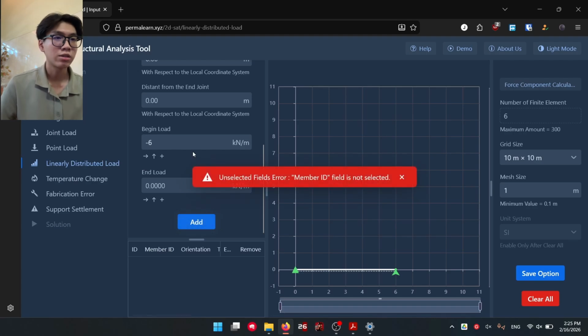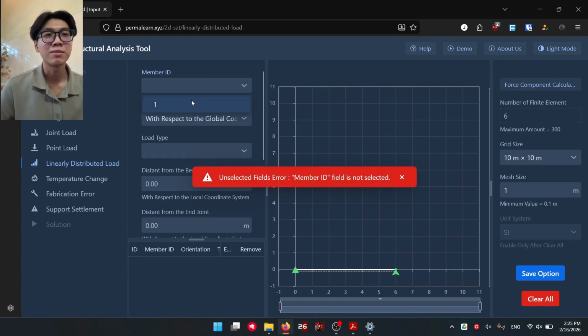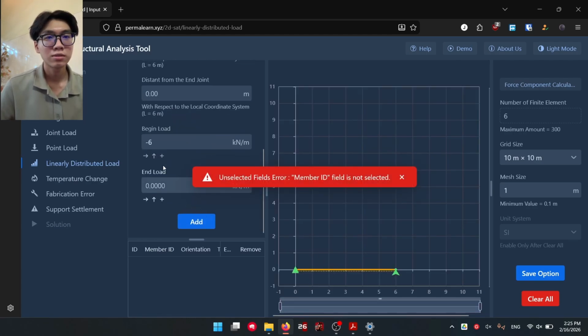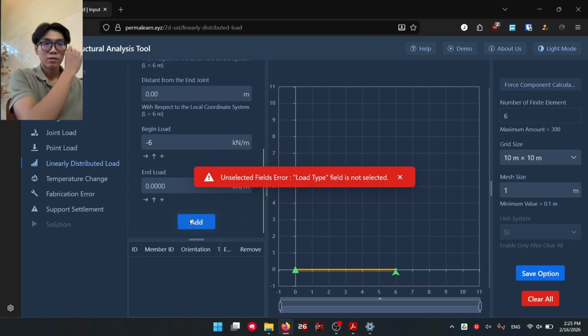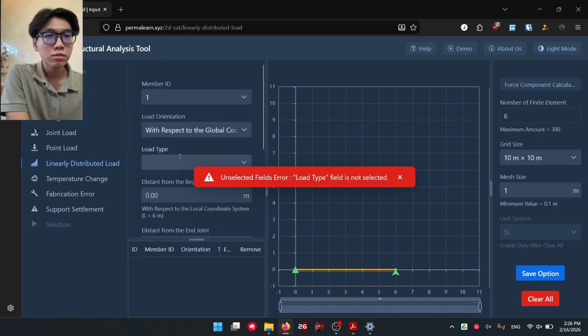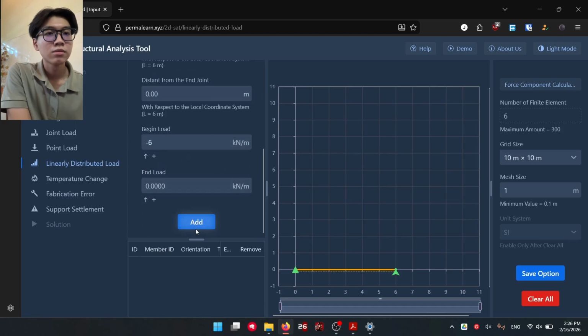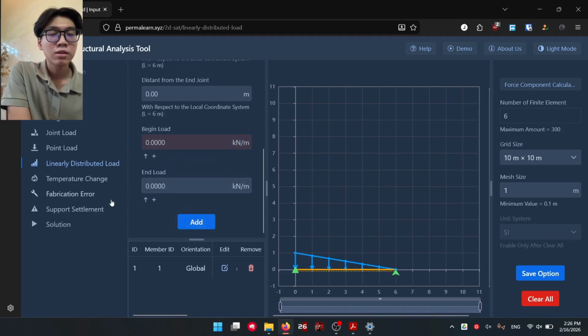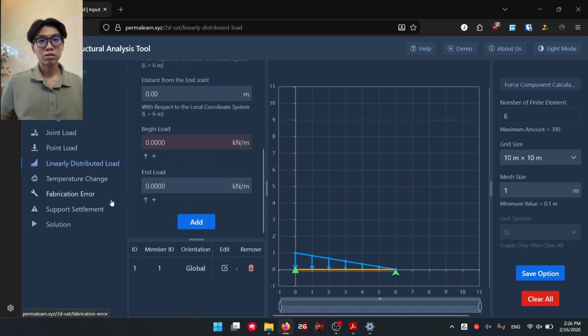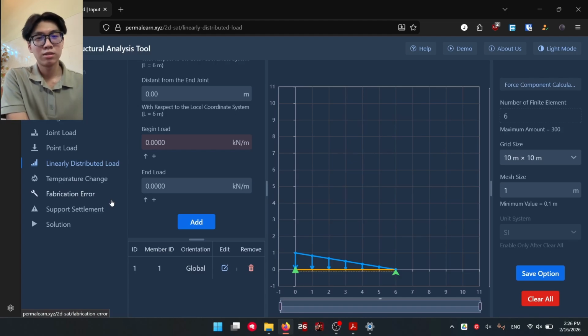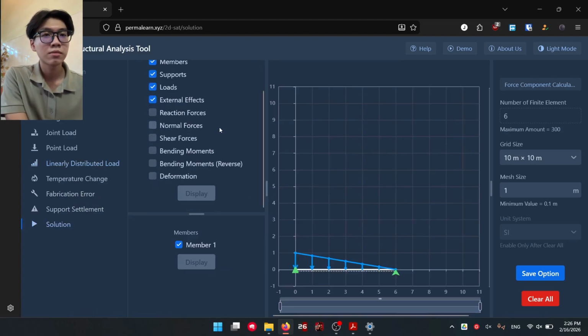And we just click add here. We have to choose the member, which is this one. And the load is a vertical load. Gonna add it, and that's it. That's all we gotta do with this specific exercise, and we're gonna go into the solutions.